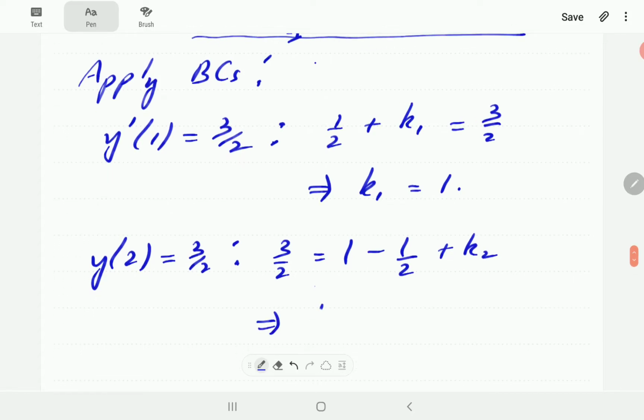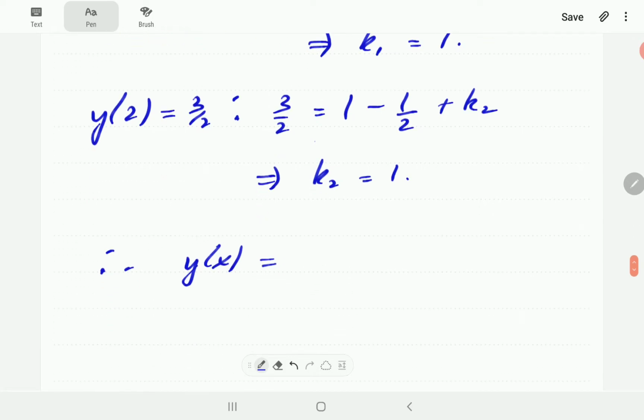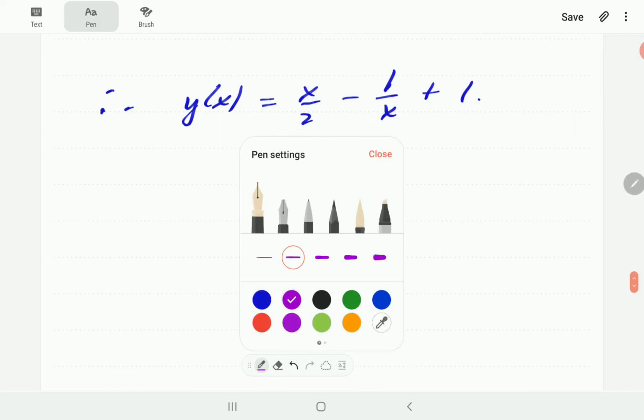If we solve this again, it's going to give us k2 is equal to 1. And so our particular solution for this problem is going to be x over 2 minus 1 over x plus 1. Okay, so that is the final solution for the first example.